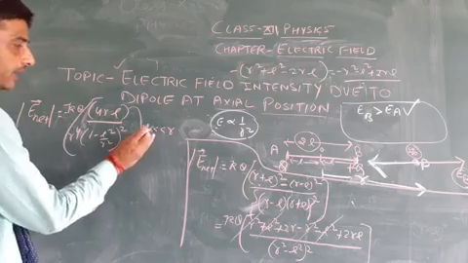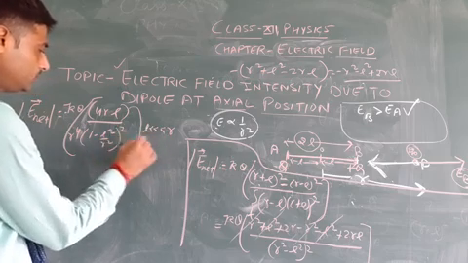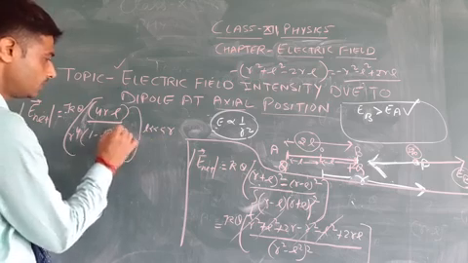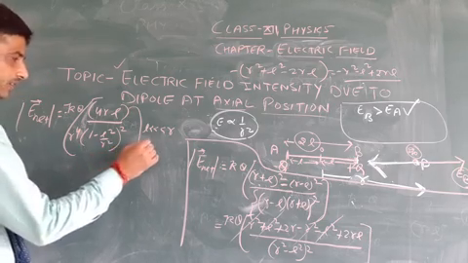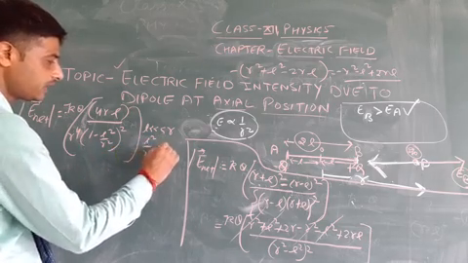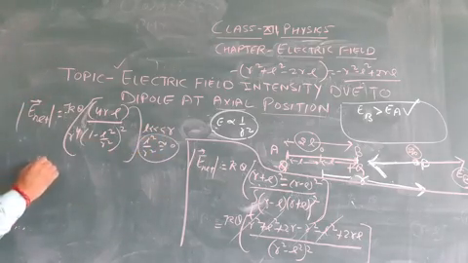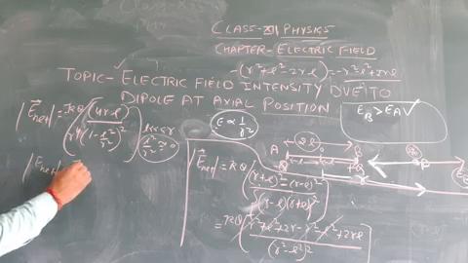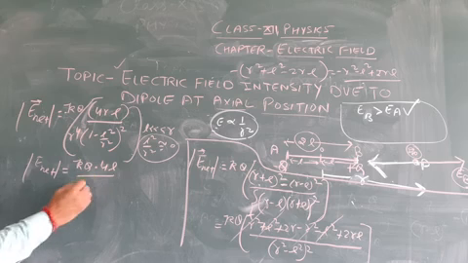So if L is much less than R, this value is negligible. We can neglect this value, keeping L square upon R square nearly equal to 0. So E net equals K times 4L upon R cube.